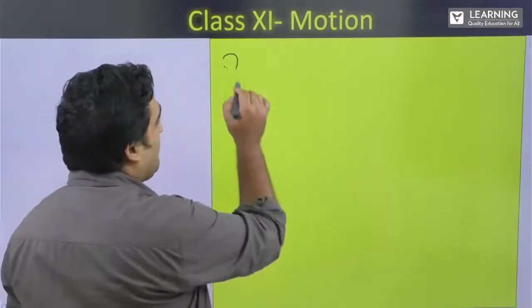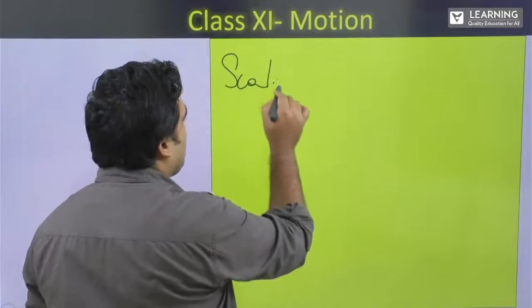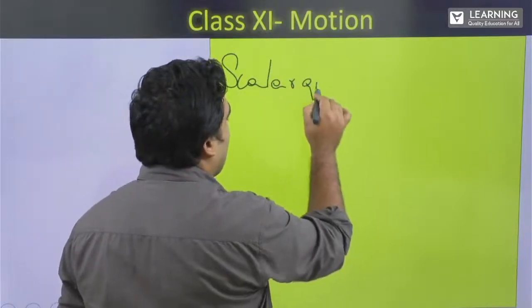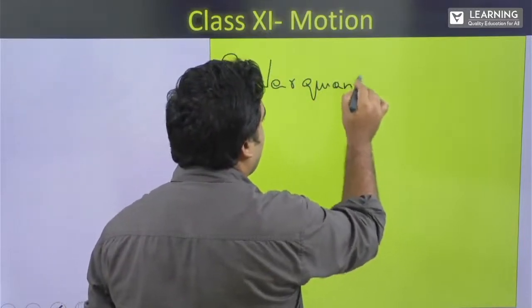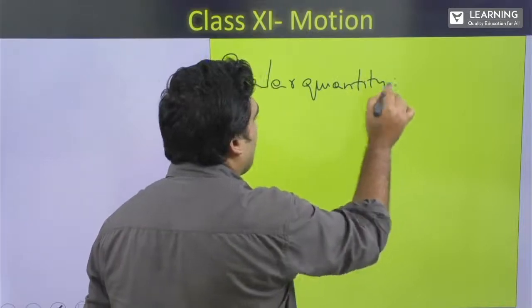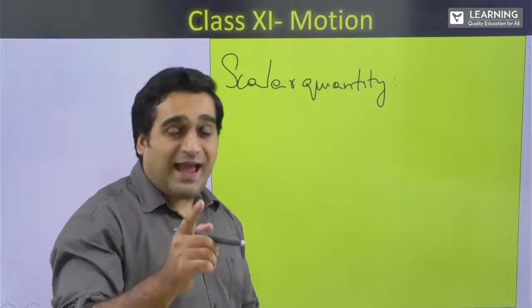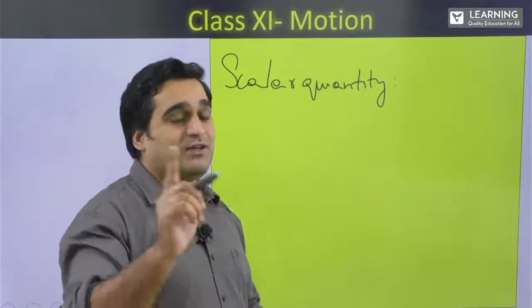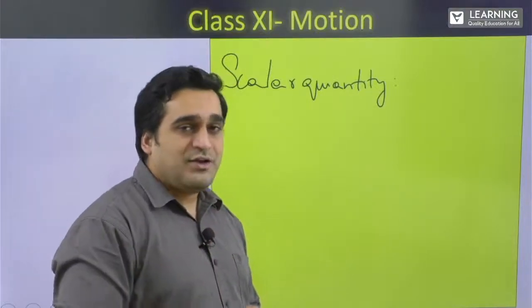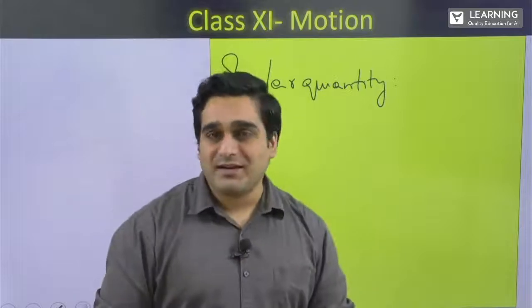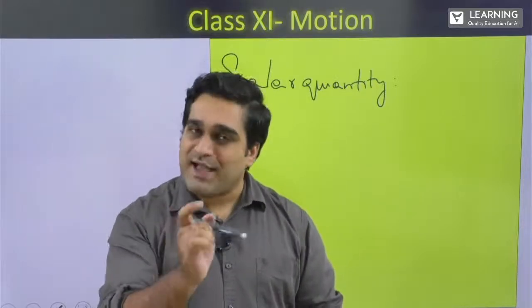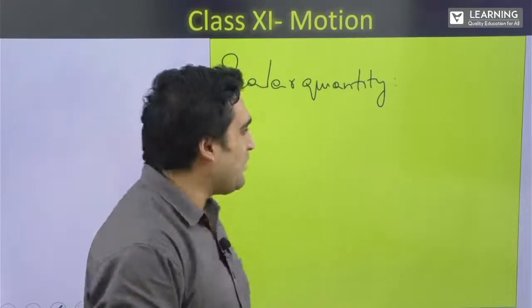Now, scalar quantities are those which have magnitude. They have a certain value, but they do not have a direction. When I use the word magnitude, it means a value for that physical quantity.